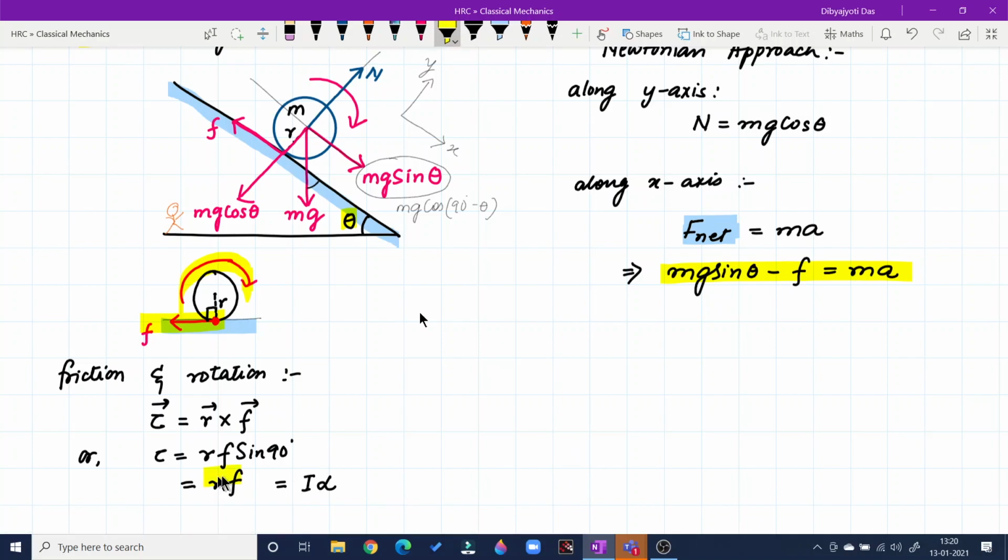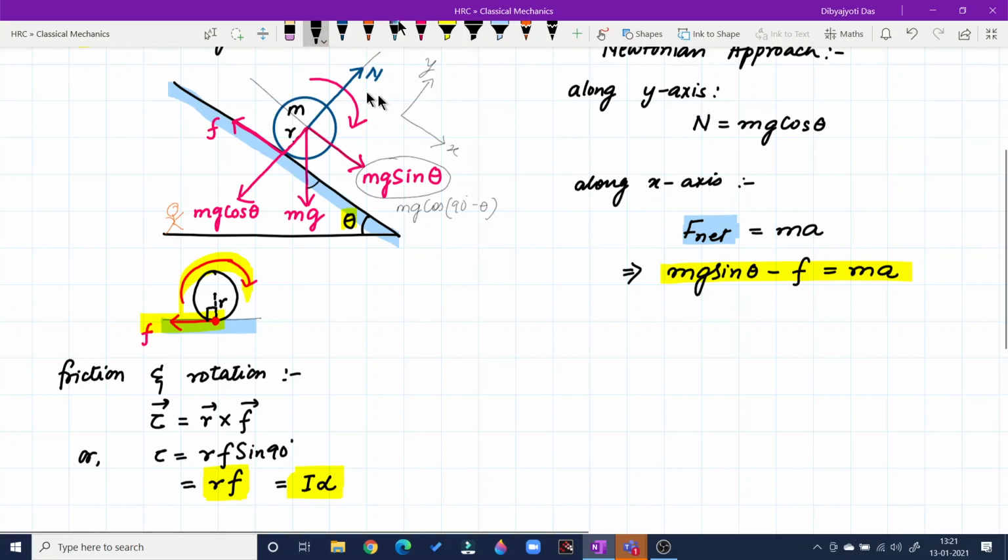Yes, this is one expression for the torque in terms of the force and the distance of that point where the force is acting perpendicular with respect to the origin of the disk, and in terms of moment of inertia times acceleration. Yes, these two are valid expressions for the torque. Yes or no? Yes, sir.